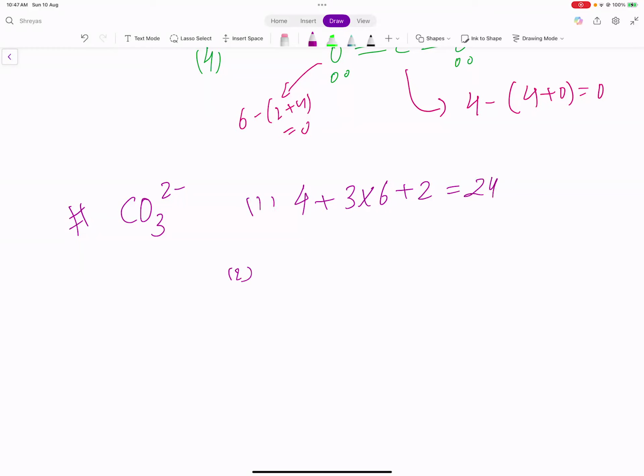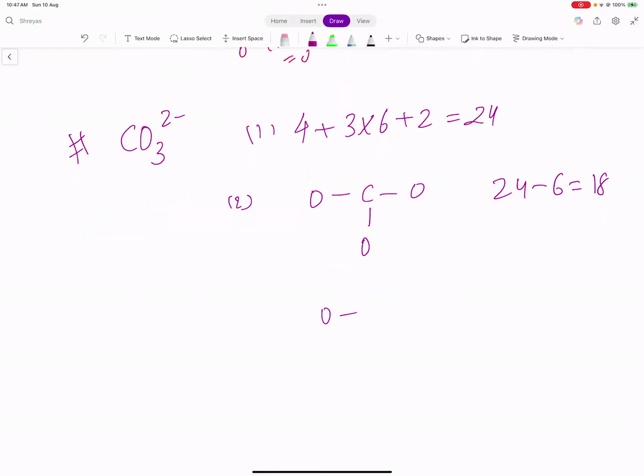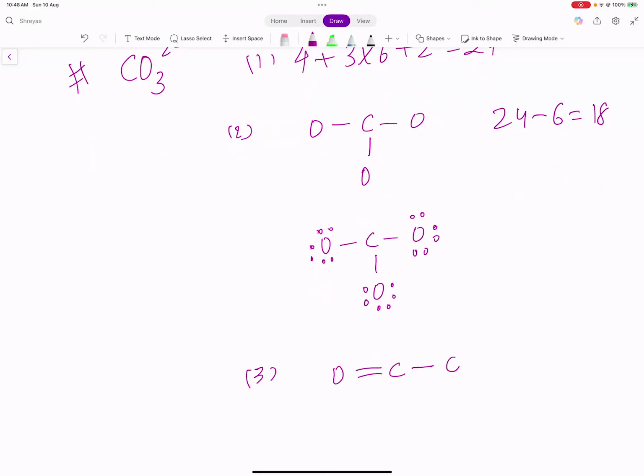In the second step, we draw a basic framework. 24 minus 6, 18 are remaining. So then we add 6 to each oxygen. The octet is not complete, so we take electrons from one of them.